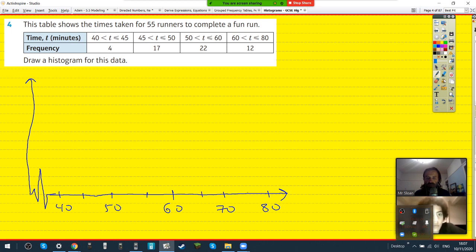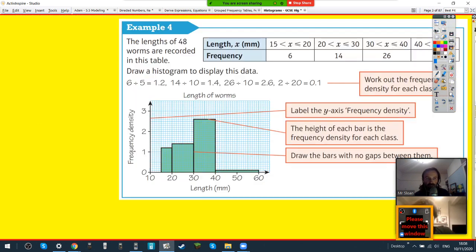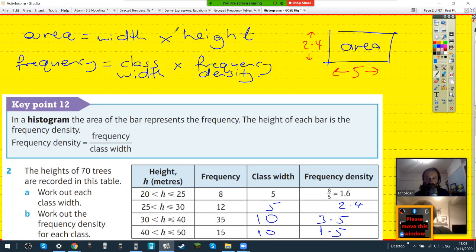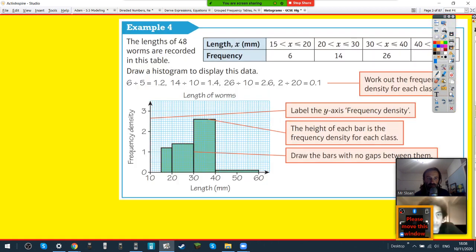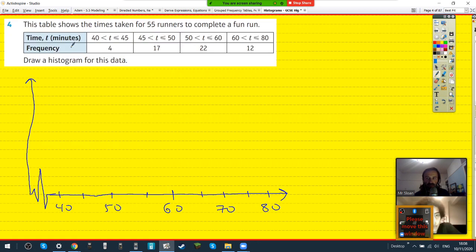You would do the next one going up in fours, the frequency. The frequency is like the area. The height is the frequency density. Oh yeah, sorry.